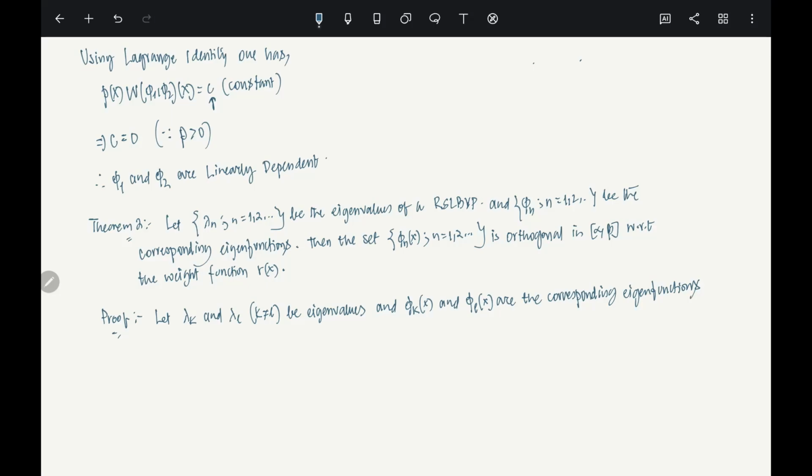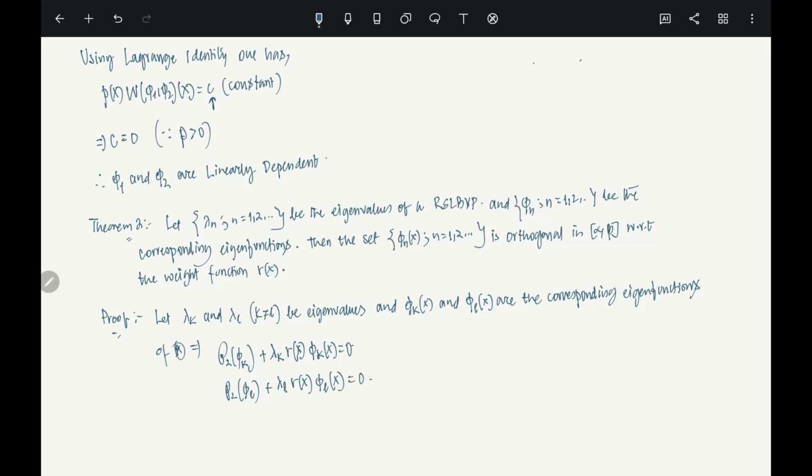Now since phi k and phi l are solutions, we have this equation: p2 of phi k plus lambda k r of x phi k of x equals 0, and p2 of phi l plus lambda l r of x phi l of x is going to be 0.